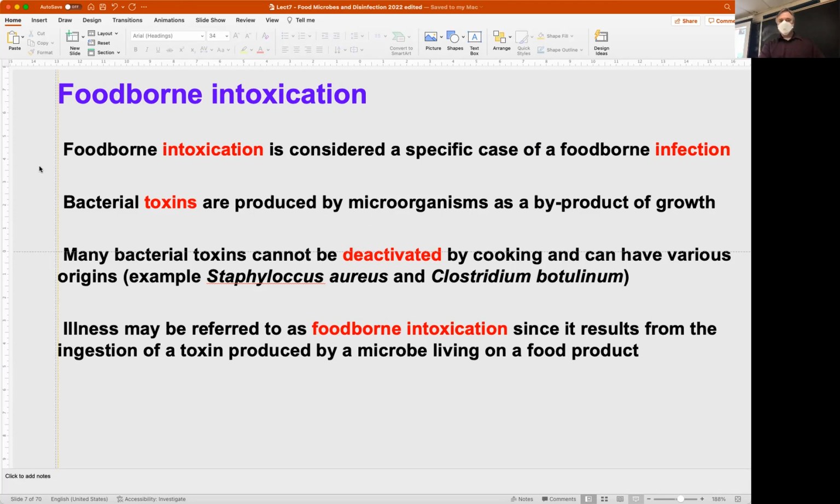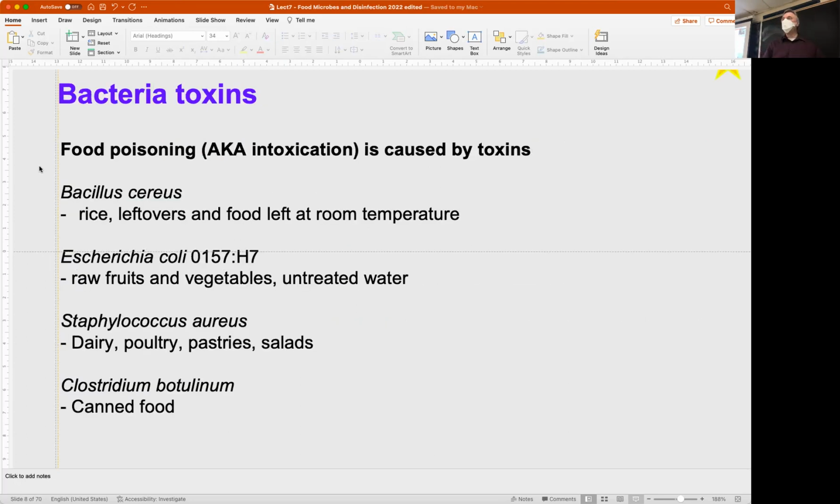So if you cook a food that has Clostridium botulinum, you'll kill off the bacteria, but you won't get rid of the toxins. And that's the case with E. coli infection. If you have E. coli in your food, whether it's raw food or vegetables or untreated water, you can cook that, but it has the toxins in it. And it's the toxins that make you sick. It's not the bacteria themselves. So you'll kill off the bacteria, but you'll still have the toxins.